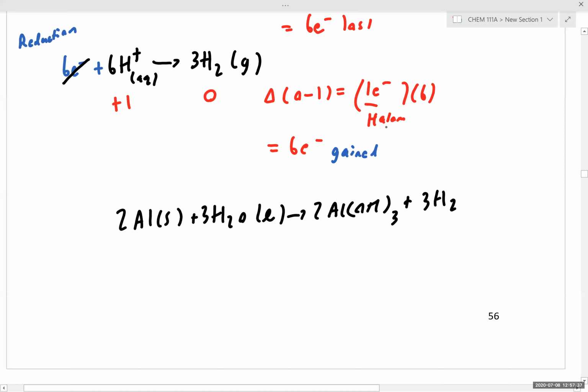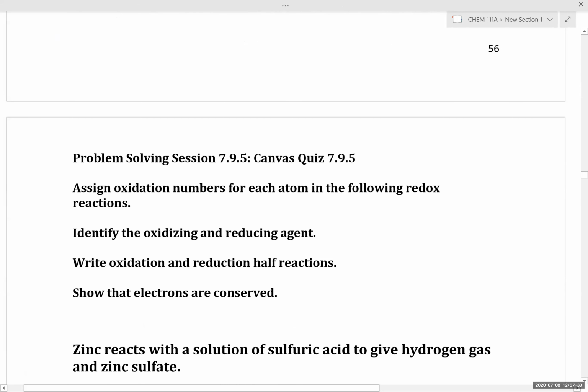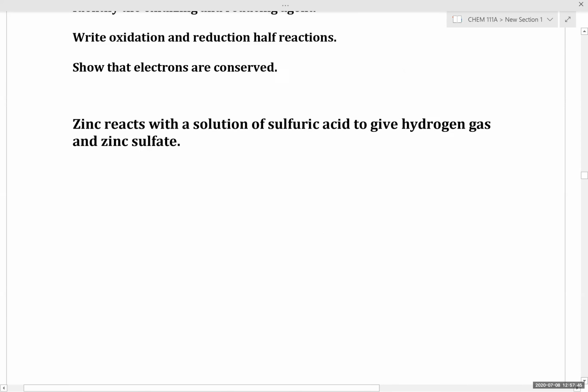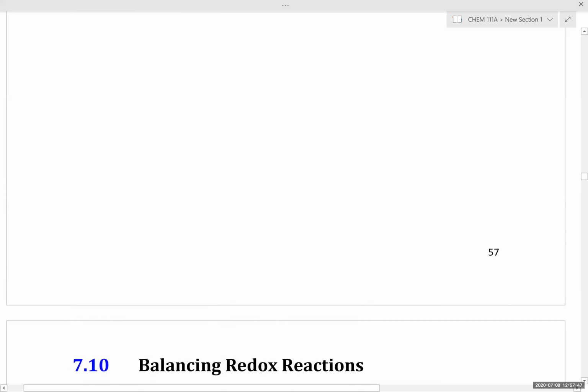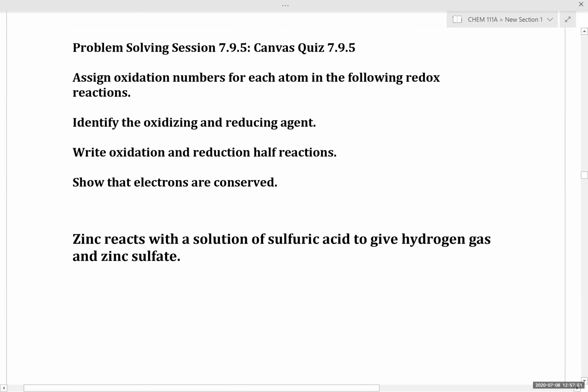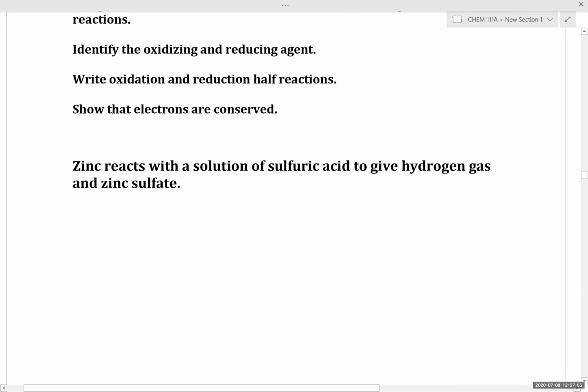Perfect. So let's do another example. This time we are given a word equation. So we'll be doing an example where we deal with a word equation. So we're asked to write out a balanced chemical equation.